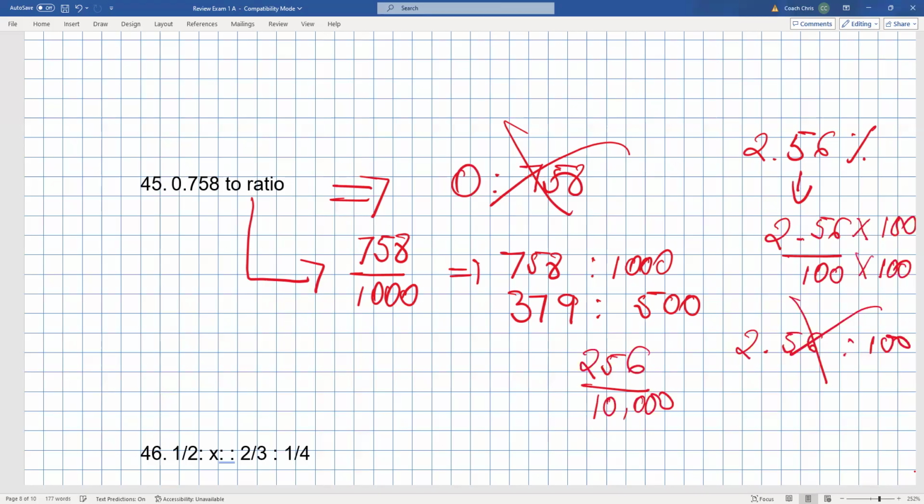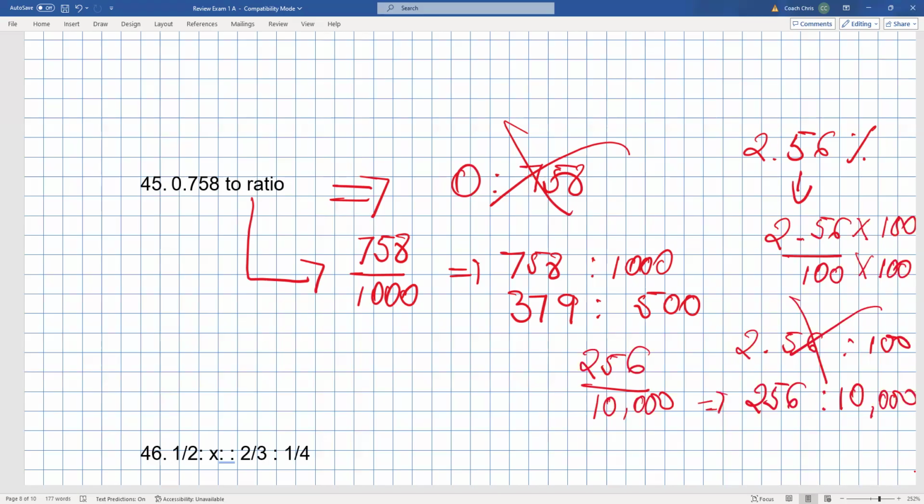If you have to simplify that, you simplify by 2. In that case, if you do not want to simplify, your answer is going to be 256 over 10,000. Then if you simplify that by 2, and again by 2, and again by 2.